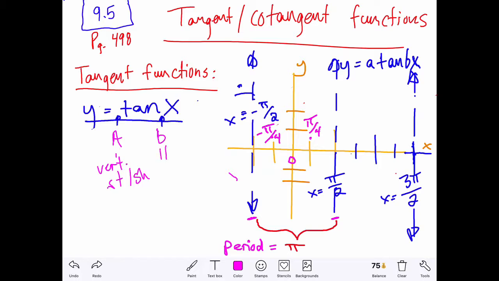And this would be horizontal stretch or shrink of 1 over b. Okay, so let's get about graphing these and let's evaluate a few points. Because once we have our asymptotes and we've determined what our intermediate locations are, let's evaluate a few of them.